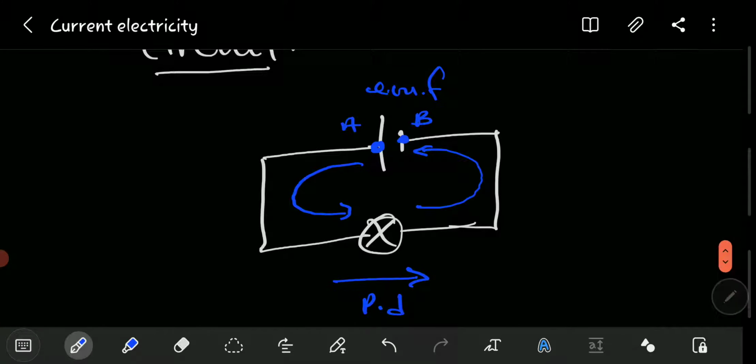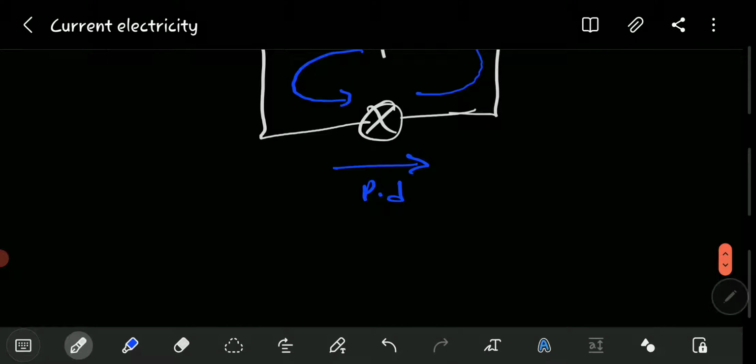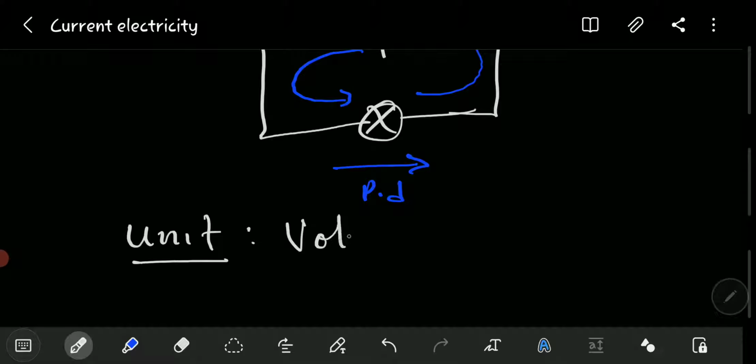However, both of them are work done per unit charge. So if both of them are work done per unit charge, it means that they have the same unit. The unit for EMF will also be the volt, denoted by the capital letter V, which is also joule per coulomb.